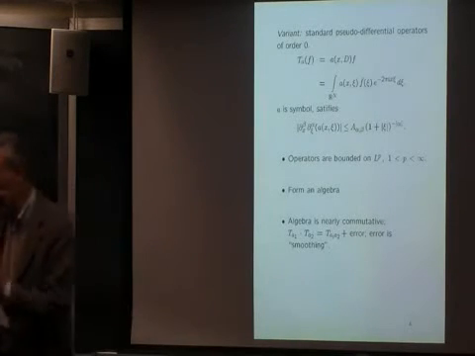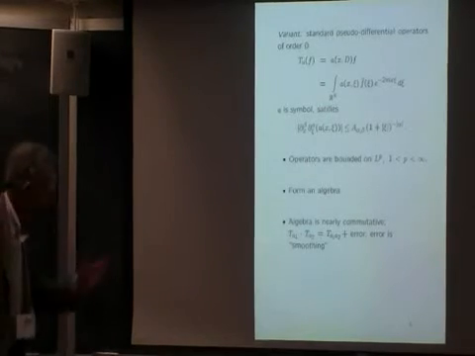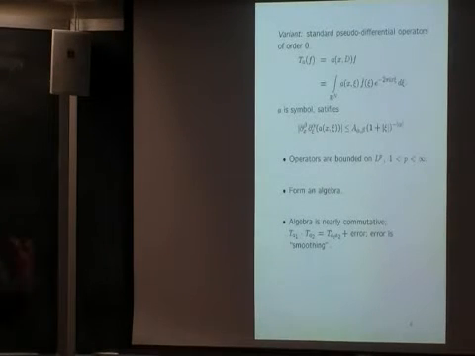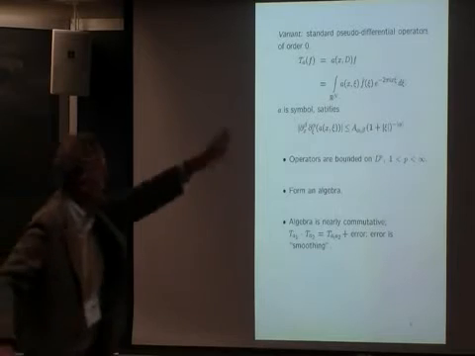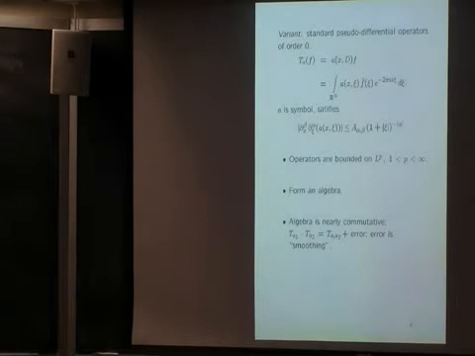This class of pseudo-differential operators is the class that arises if you take the singular integral operators from the previous transparency and cook them up with the simple operation of multiplication by smooth functions, and you also restrict everything to kernels which essentially have compact support, because you want to localize everything. And then you get something of this form, and these operators are again bounded on L^p between 1 and infinity.